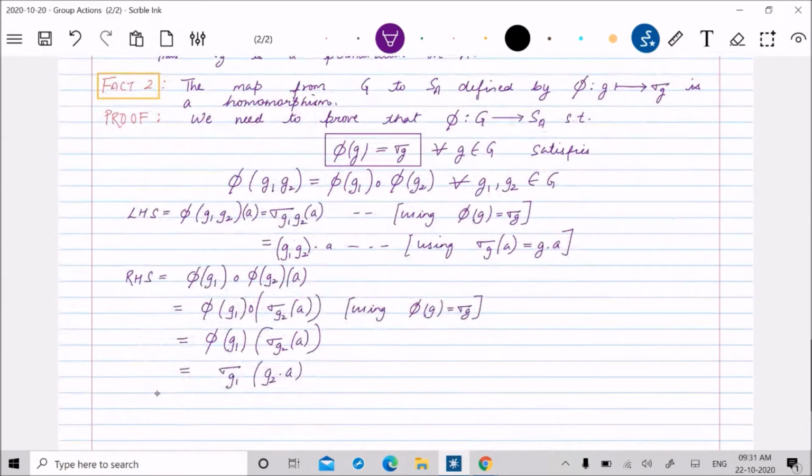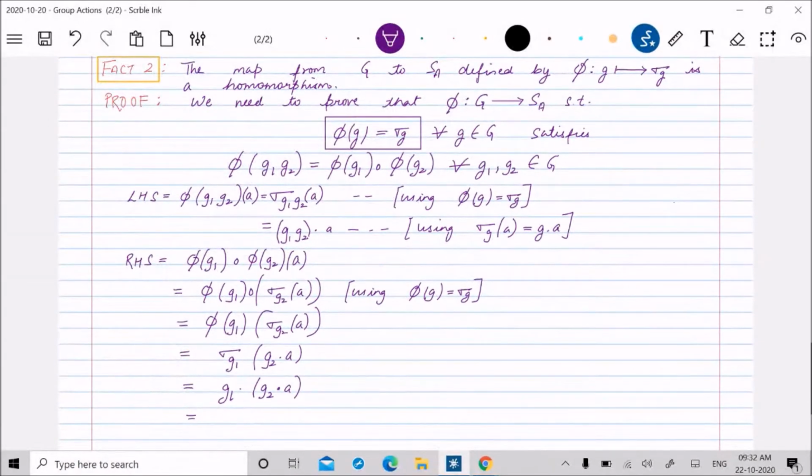Okay, and then it must give you G1 acting on the action of G2 on A, and by the first postulate of group action, you can always write this as G1 G2 acting on A. So I will write it here by property 1 of group action, right?